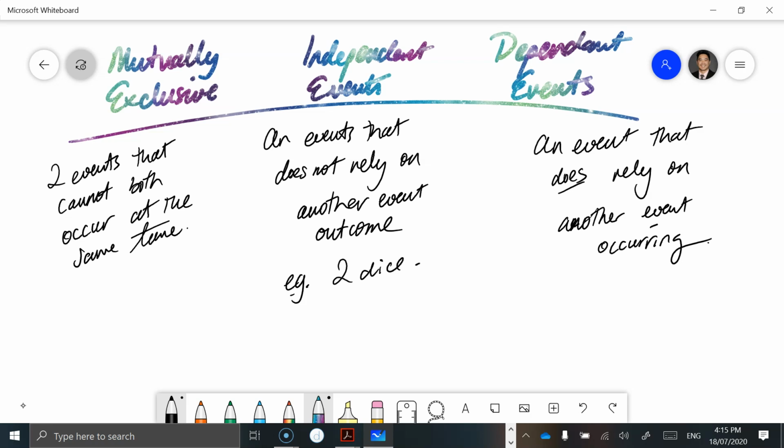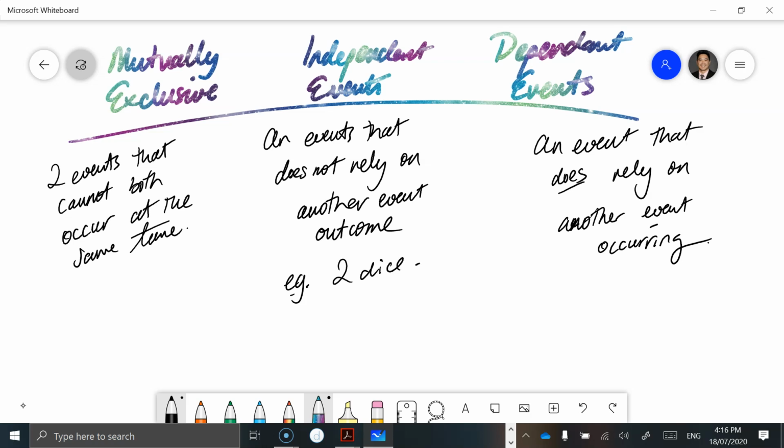So the event of taking an umbrella is dependent on the rain happening. Another is the chance of growing healthy vegetables and the availability of good soil. This is going to be helping Mr. Fisher with his garden. Obviously, if you have bad soil, you can't expect good crops and good veggies. So one is dependent on the other.